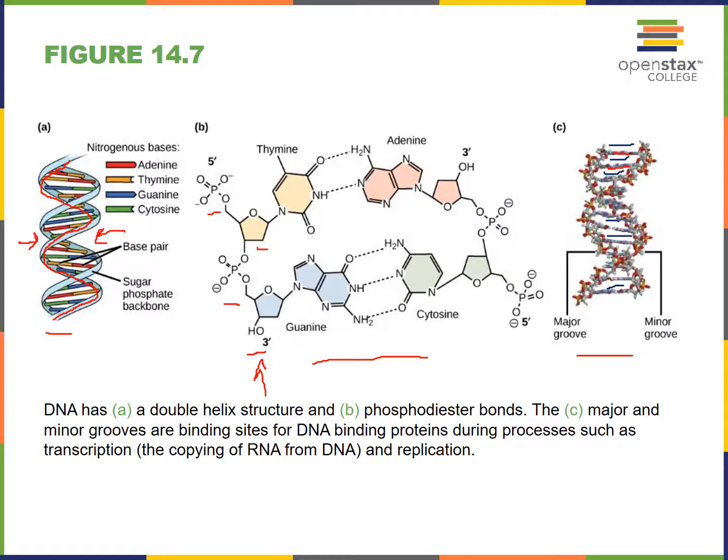And as a rule, thymine always base pairs with adenine, and guanine always base pairs with cytosine. And that's due to their structure and hydrogen bonding. But that concept that adenine always pairs with thymine and guanine always pairs with cytosine is how DNA replication works.